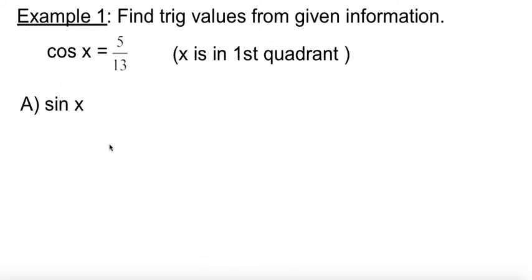So our first example here is to find the trig values from the given information. So we have the cosine of x is 5/13, and we're told that x is in the first quadrant.